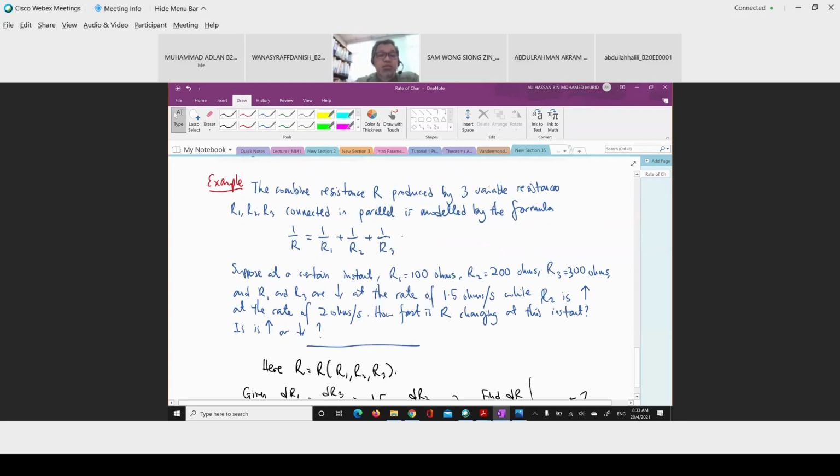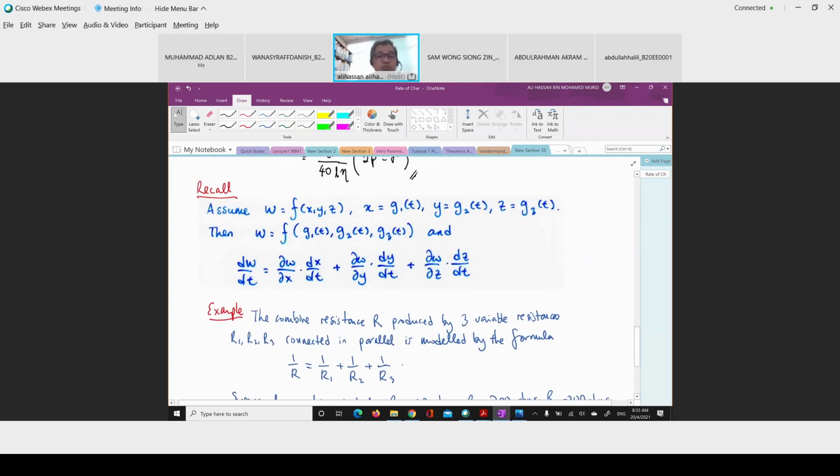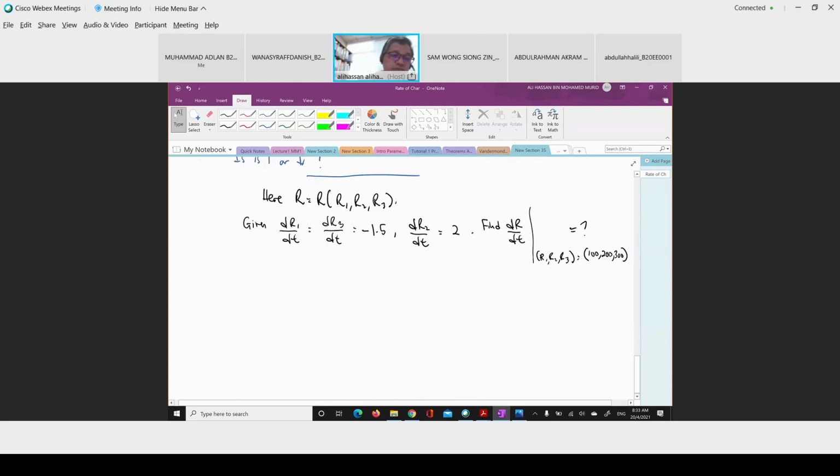So we apply this chain rule formula, but we use the symbols accordingly. By the chain rule, dR/dt is partial R partial R1 times dR1/dt plus partial R partial R2 times dR2/dt plus partial R partial R3 times dR3/dt.